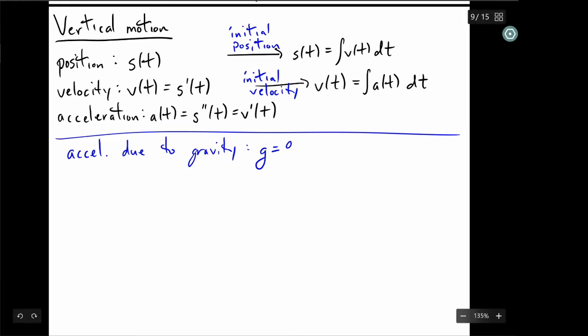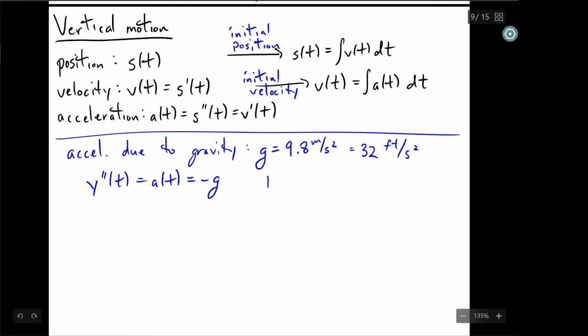Depending on your units, this is 9.8 meters per second squared, or 32 feet per second squared. Looking purely at the vertical component of motion, y double prime of t, or a of t, is just negative g.